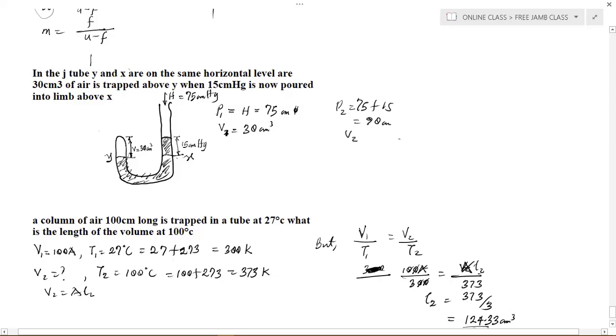We're looking for V2. So P1V1 equals P2V2, copy P1V1 over P2. Our answer will now be P1 is 75 times 30 all over 90. 30 here, 30 here, 3 here is 25. The final answer is 25 cubic centimeter.